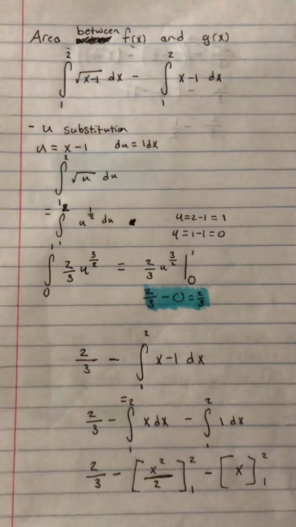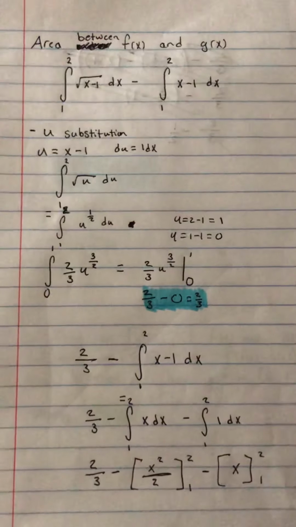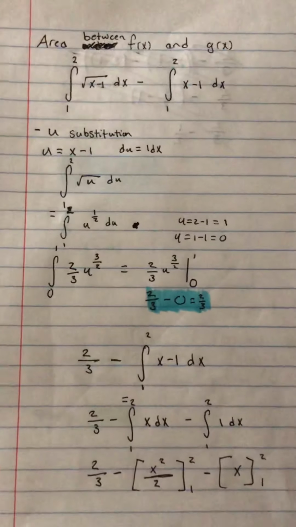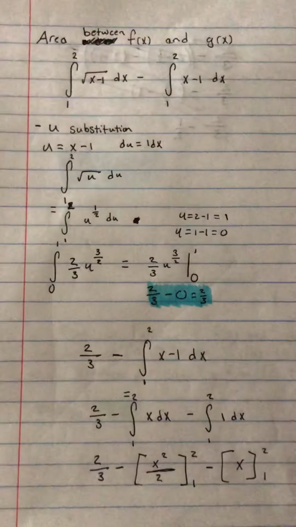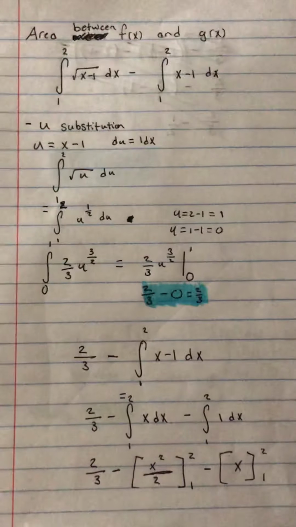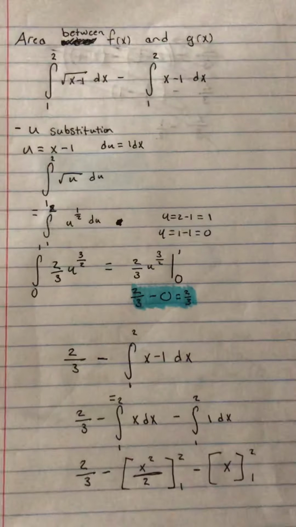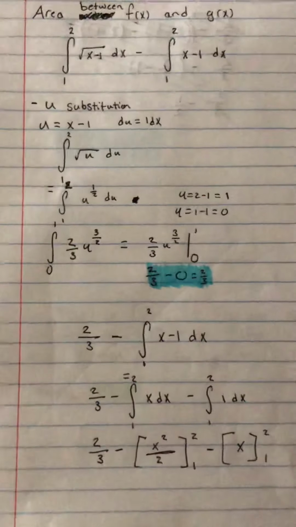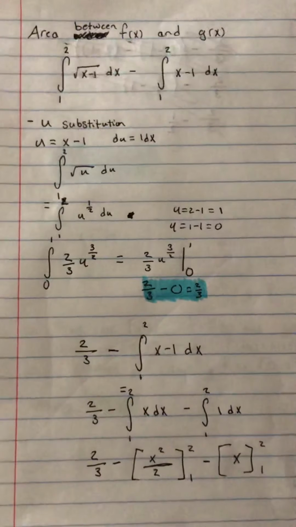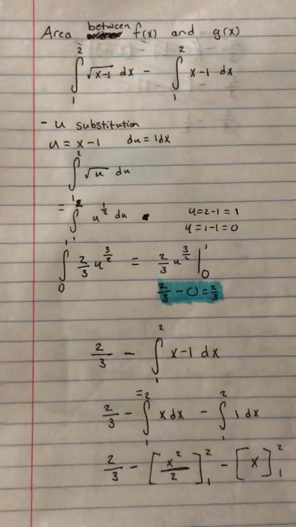So from there, you have to take the antiderivative of u to the 1/2, which gives you 2/3 u to the 3/2, which you can do by using the exponent rule, where the antiderivative of x to the n power is x to the n plus 1 over n plus 1, which you can see here: u to the 1/2 power plus 1 is u to the 3/2, multiplied by 1 over n plus 1, which is 1/2 plus 1, which gives you 2/3.